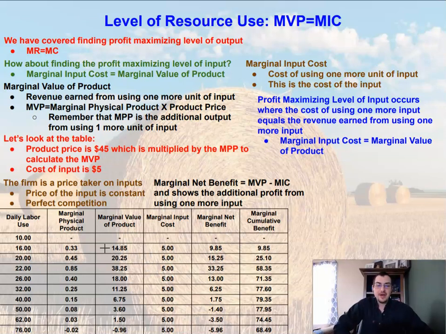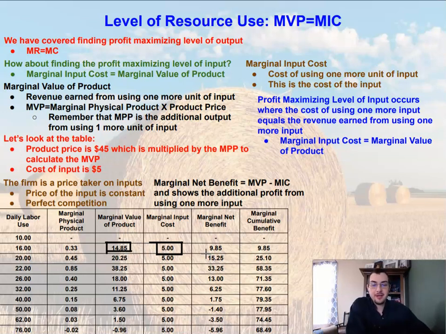The marginal value of product at this particular point is $14.85, which means by using one more input, we're going to earn $14.85 off of that one more input, versus our marginal input cost of $5. So it's going to cost us $5 to use one more hour of labor, but it's going to yield us $14.85.